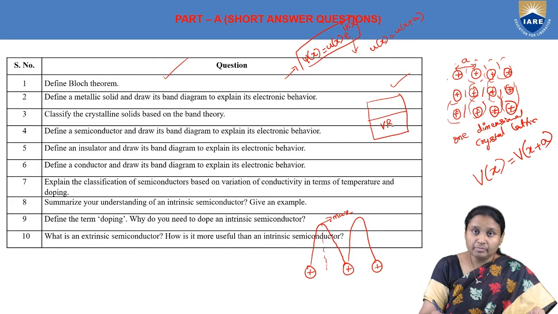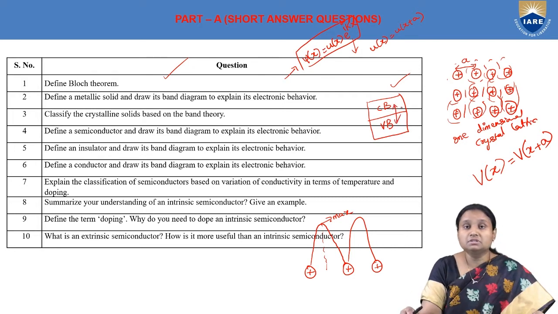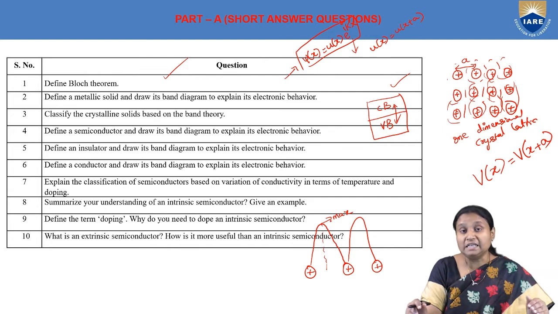So lower permitted band is valence band, higher permitted band is conduction band, and in case of metals, we have overlapping of valence band and conduction band, and there is no forbidden energy band. So you will have free flow of electrons from valence band to conduction band. That's why they are good conductors. There are plenty of free electrons available for conduction. So this is about the metallic solid.